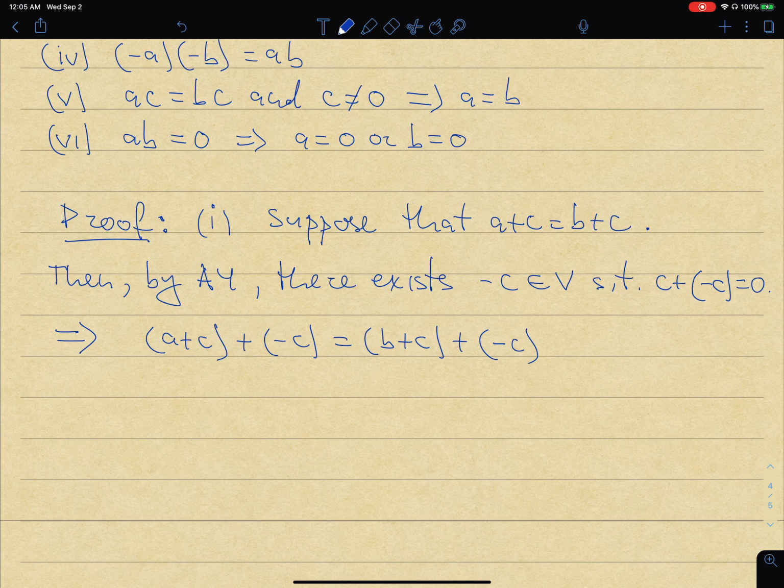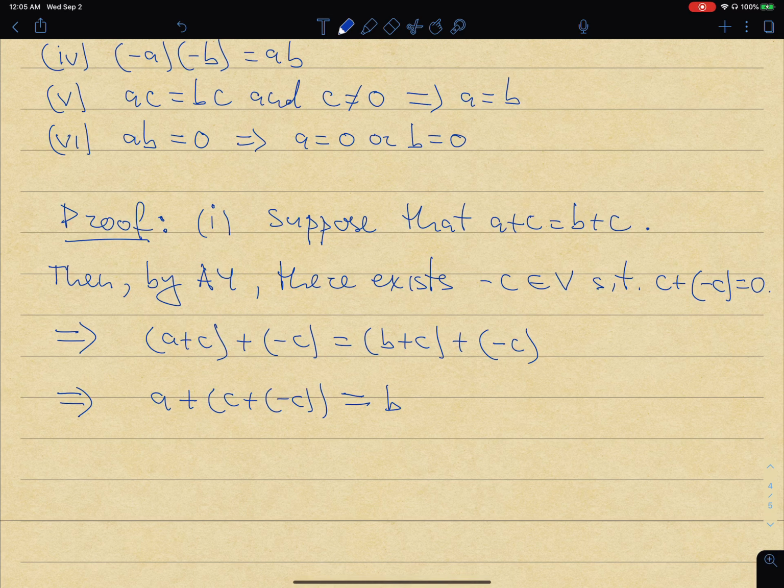Then, let's see. So on the next step, what can I do? I can use the associative property, which says that I can reallocate the parentheses. Instead of having A plus C plus minus C, I can redistribute the parentheses to have A plus C plus minus C. And I can do the same thing on the other side.